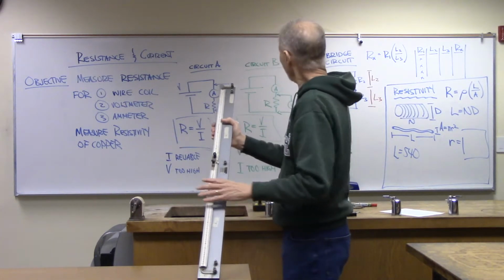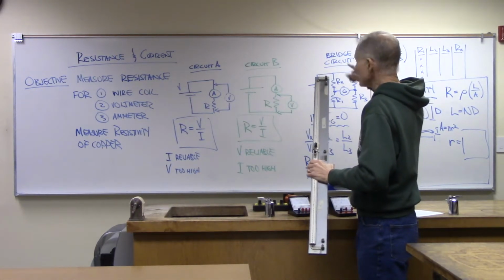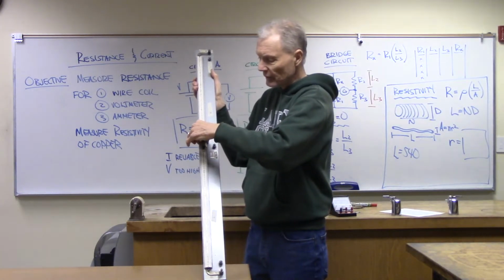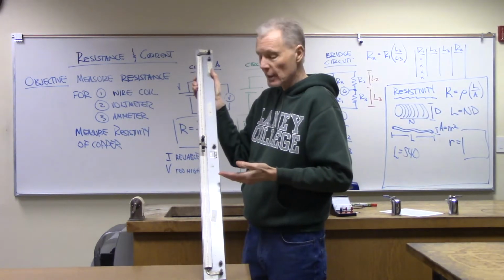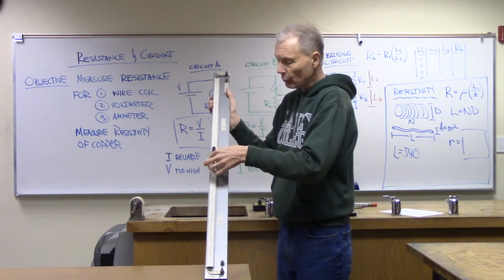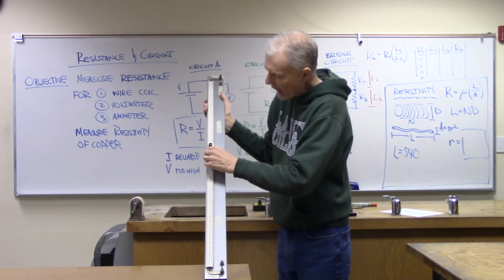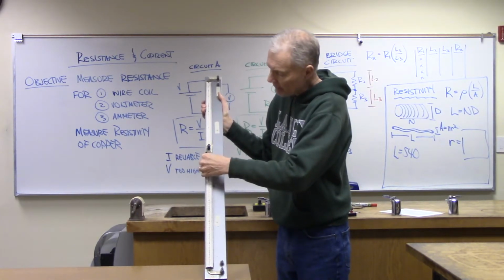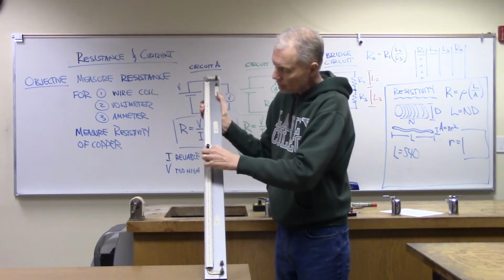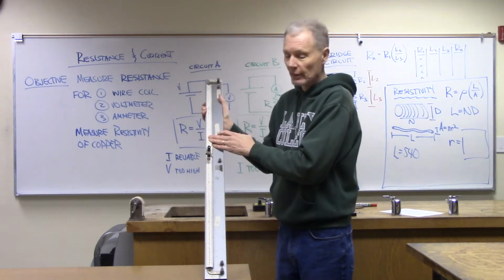And so what happens is that R2 and R3 get divided up. What we do is we take this 1 meter wire and divide it into 2 sections, and wherever we decide to divide, let's say I divide it right in half. Well, if I divide this in half, I'm going to have half the resistance on one side and half the resistance on the other.